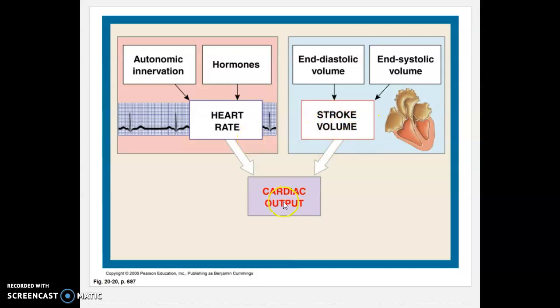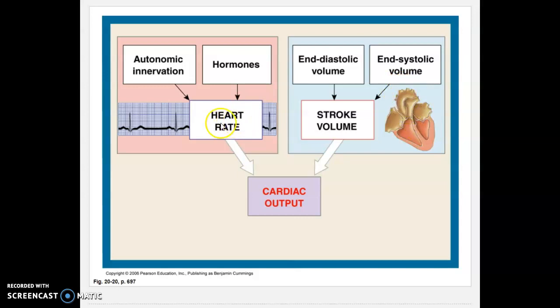So our cardiac output by formula is heart rate, beats per minute, times stroke volume. And stroke volume is literally how much gets pumped out, and especially we talk about what's getting pumped into the aorta from the left ventricle, how much per beat.